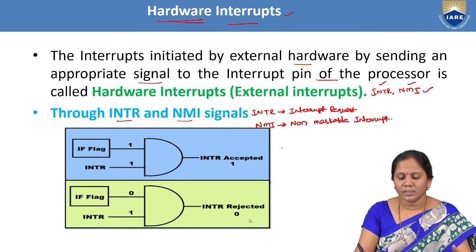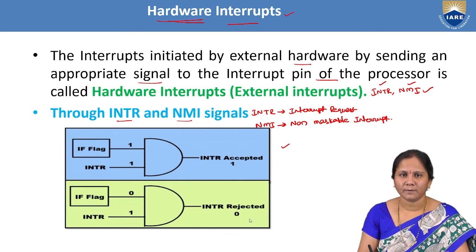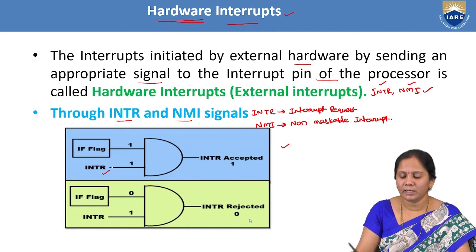And so this is the best example to clearly understand how the interrupt will be accepted by the 8086 microprocessor. Here, consider there is an interrupt coming through the INTR signal of the 8086 microprocessor.